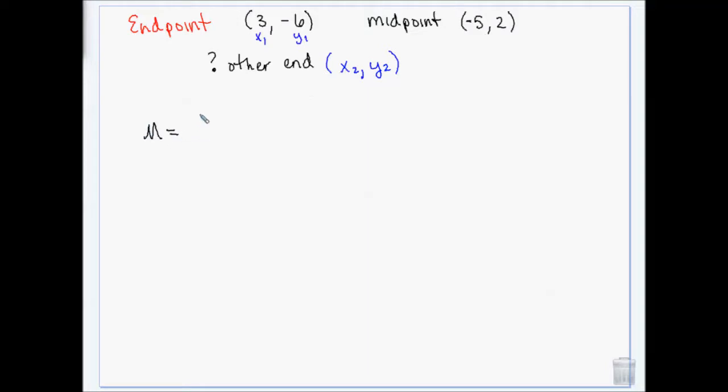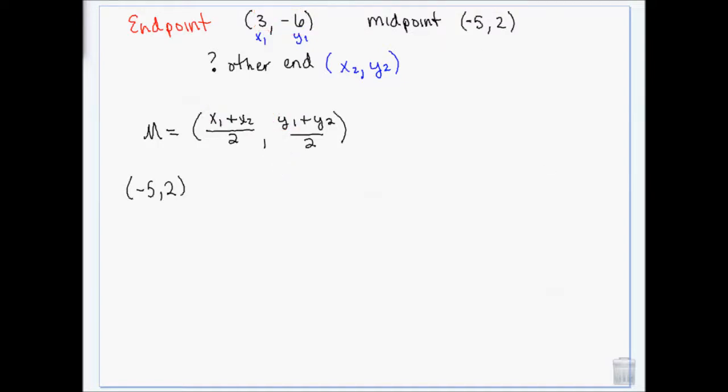And your formula for the midpoint, again, x1 plus x2 over 2, y1 plus y2 over 2. Well, I know the midpoint is negative 5, 2. This is x1, so that's going to go here. This is y1, so that's going to go here.